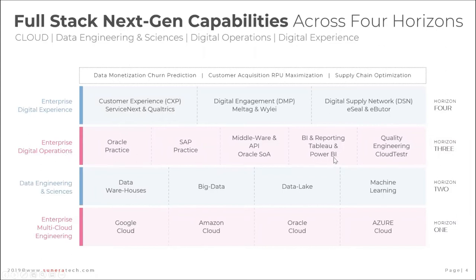This is where IT becomes more of an enabler rather than a support structure. And once you pass Horizon 3, you can easily plug and play different capabilities. So whether you're using an IoT platform like eSeal, or an ERP solution like Meltag, or a chatbot solution like ServiceNext, you can just plug and play that into your environment and enable your business. So that essentially is the 4 horizons, and again, more of a strategic look at cloud.